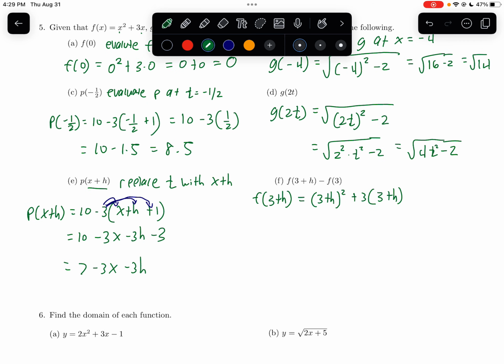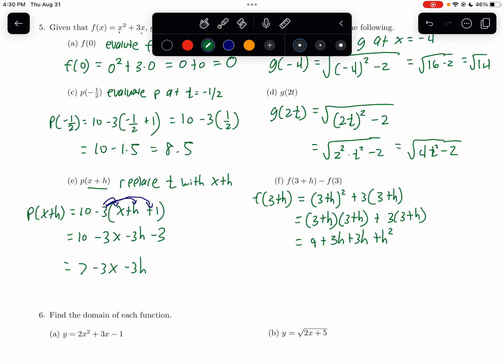And you need to remember here that when you square this term, you're actually multiplying the two terms together. And so this would be foiling when you distribute this out. So this would be 9. And then you'd have 3h plus 3h plus h squared. So in order to do this, we do 3 times the 3 gives you the 9. 3 times h, 3h.